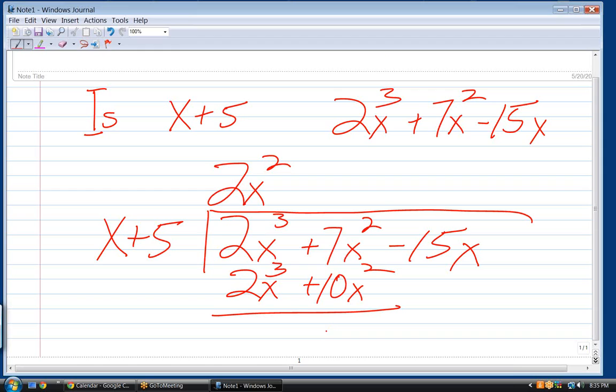Okay, now subtract. So we're going to end up with negative 3x squared, because it's 7 minus 10. Okay, bring down the next term. And repeat. So we take the x.